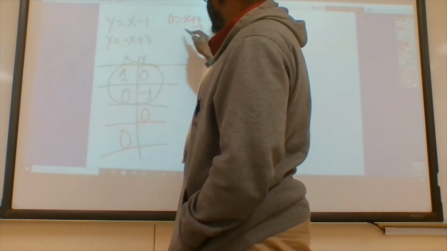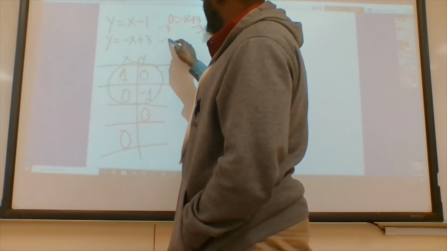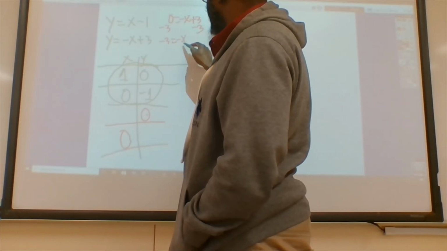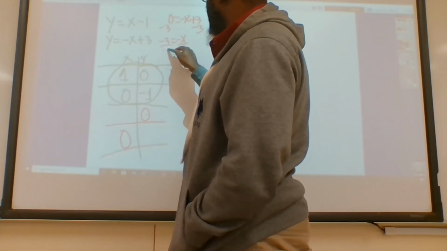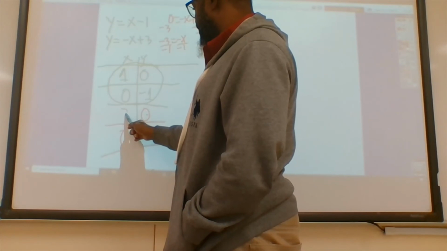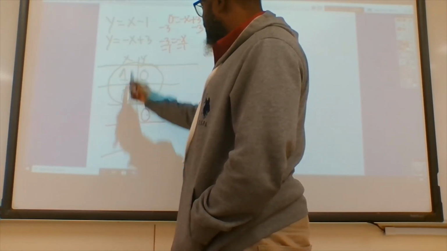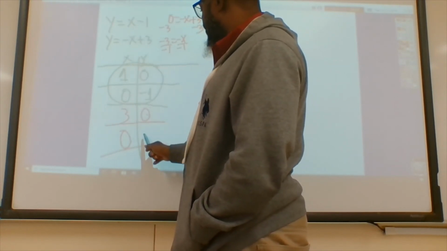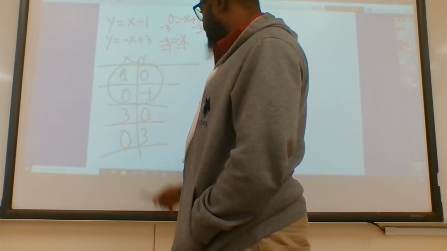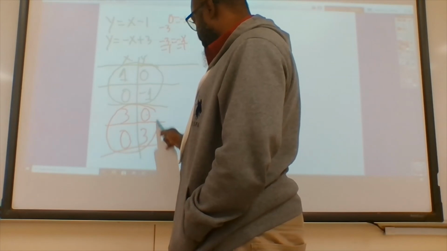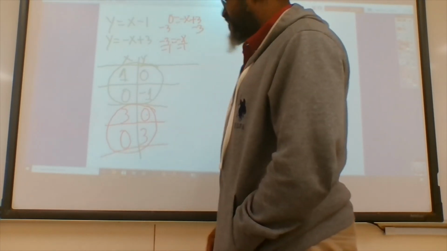I will subtract 3, and I will have negative 3 equal to negative x, divided by negative 1. Then I will have x is 3. When I let x equal 0, now I will have y is 3. So these are my ordered pairs that I will have to graph.